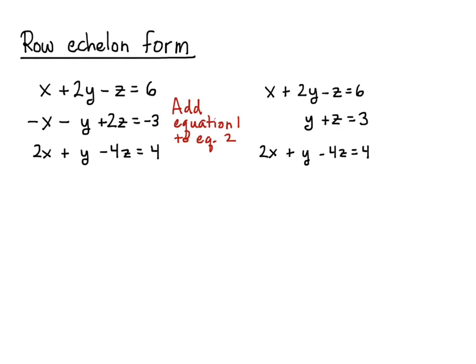And then I have a -z, so that's going to be -1 plus 2 is going to be just 1, so I have z. And then add 6 and -3, and that gives me 3. So that second equation was transformed into y plus z equals 3. Now I just copied over the third equation.